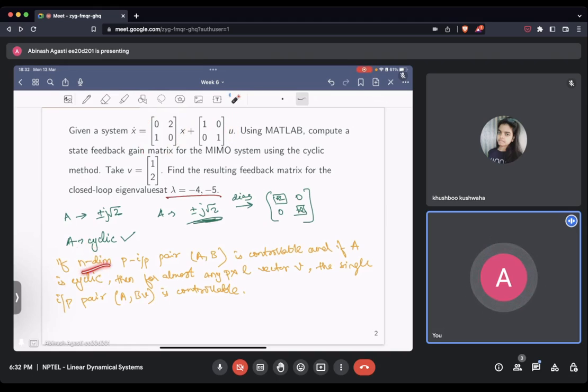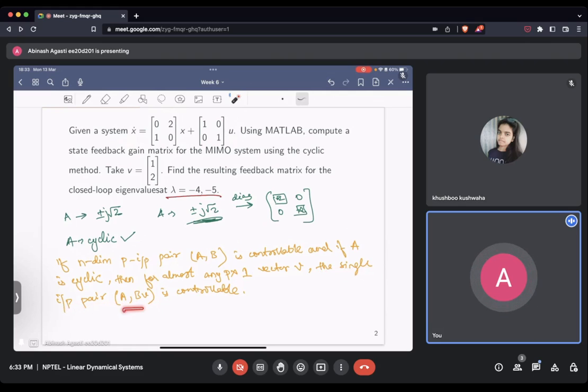So two-dimensional state, two inputs, and this pair A, B. If that is controllable, and further if A is cyclic, then for almost any vector V of size p, the single input pair A, BV is controllable.